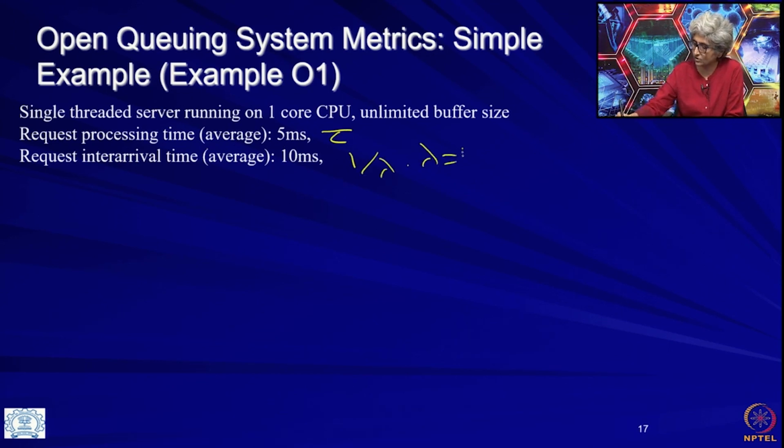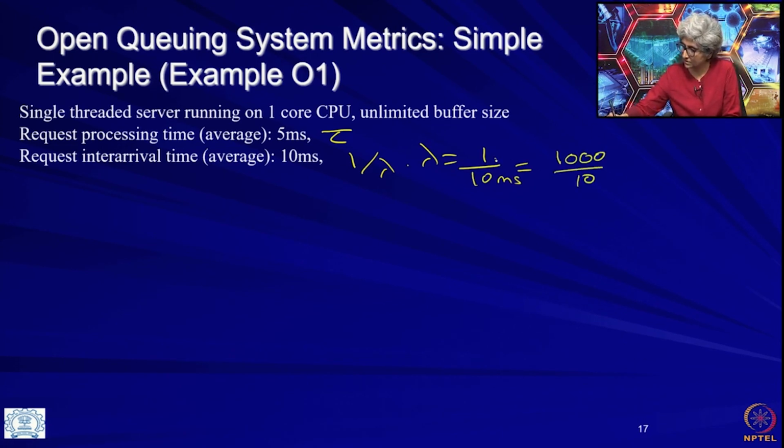So, lambda is going to be 1 over 10 requests per millisecond, which is equal to 1000 by 10 requests per second, which is going to be equal to 100 requests per second.